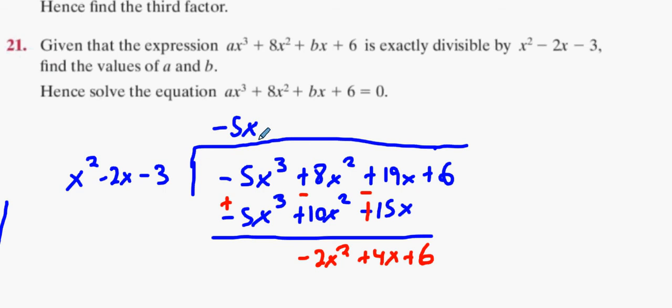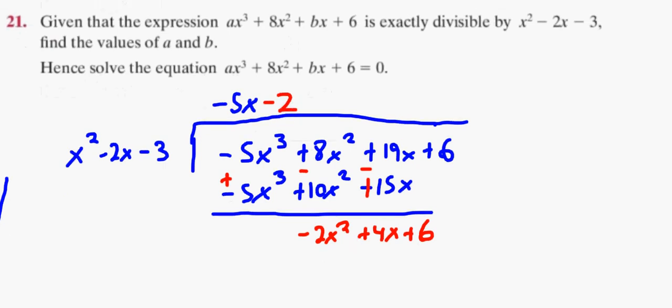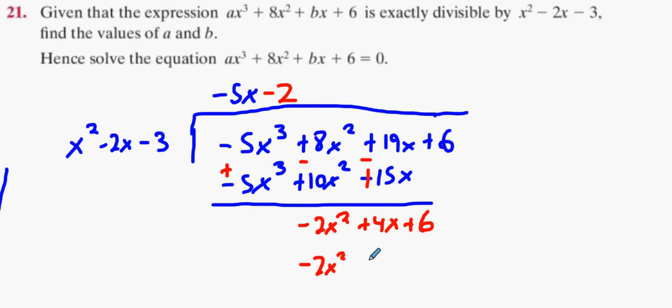And we all know that goes in minus 2, don't we? So it's going to be minus 2x squared plus 4x plus 6. Then subtract, and we get 0. Are we cool with that?